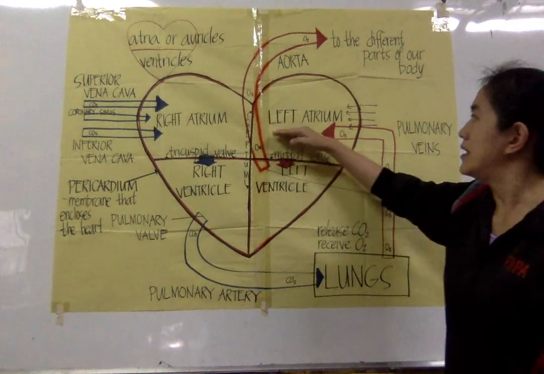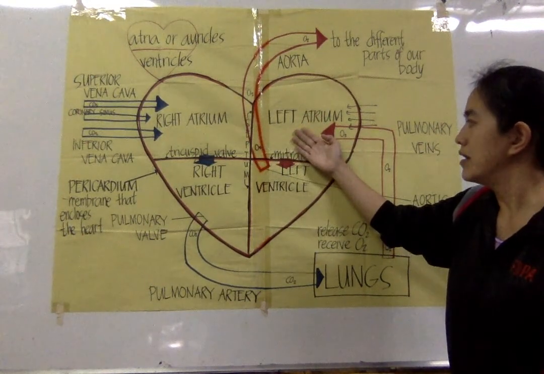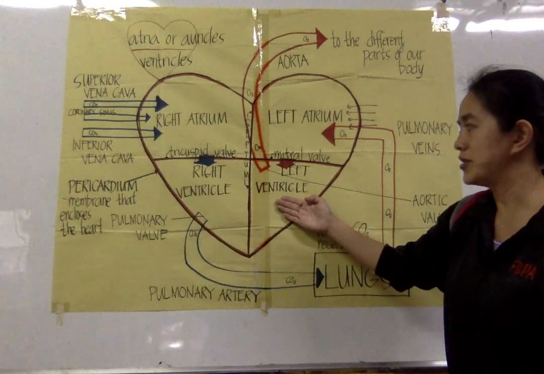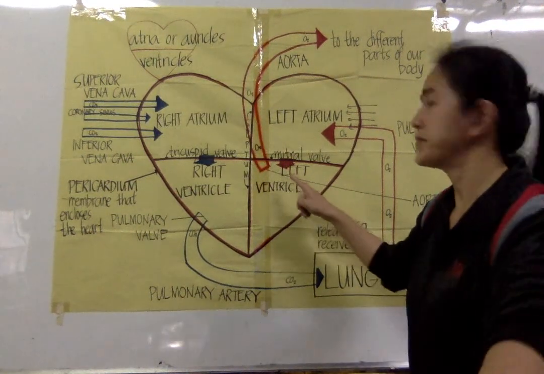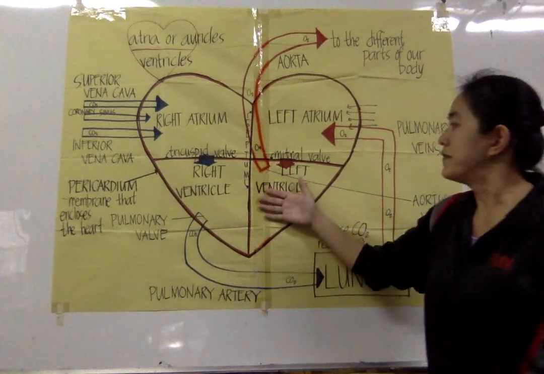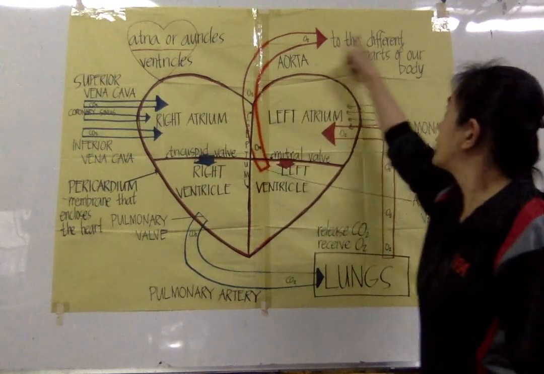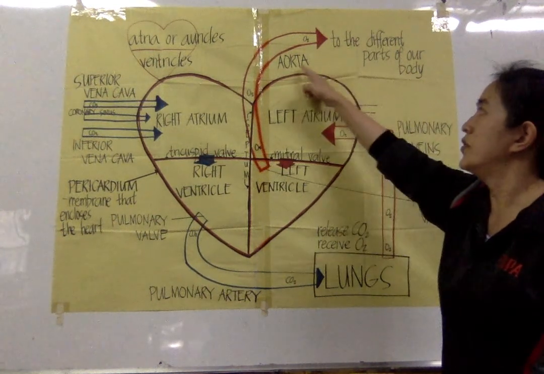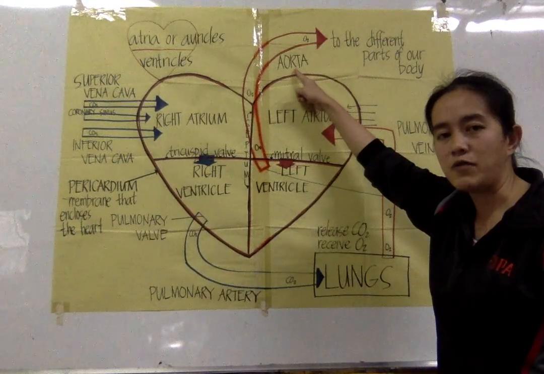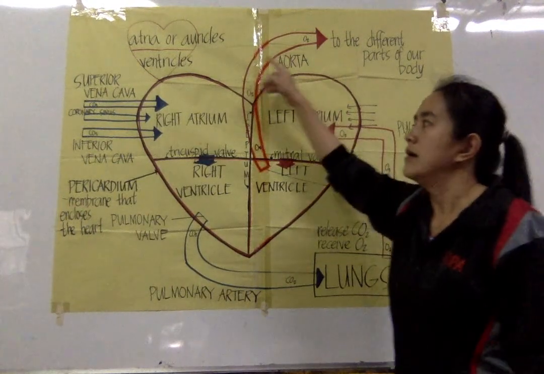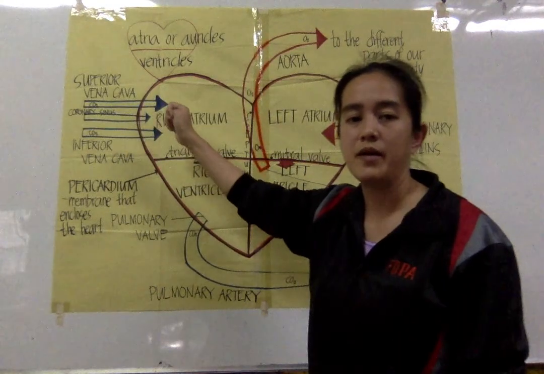When right atrium and left atrium contracts, the blood here in this chamber will go down to the left ventricle, of course with the help of the mitral valve. When left ventricle contracts, the blood now will go to the different parts of our body through aorta, which is the biggest artery in our body. Vena cava, the biggest vein in our body.